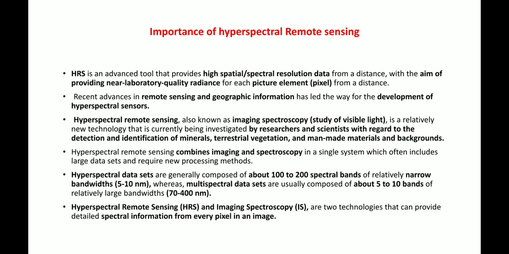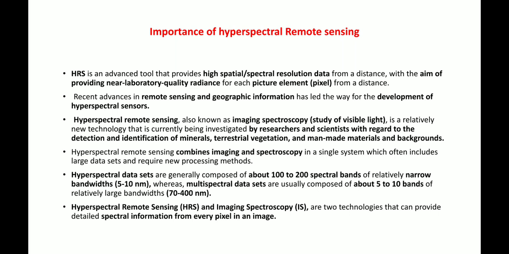Hyperspectral remote sensing technology is also known as imaging spectroscopy, the study of visual light, and a relatively new technology that is currently being investigated by researchers and scientists with regard to the detection and identification of minerals, terrestrial vegetation, and man-made materials and backgrounds. It is used majorly by scientists and researchers for the collection of data, detection and identification of minerals, terrestrial vegetation classification, and man-made materials and backgrounds, which will be studied with the help of hyperspectral remote sensing.